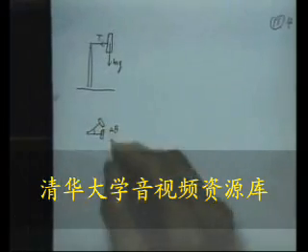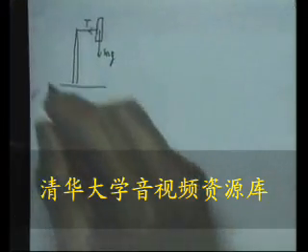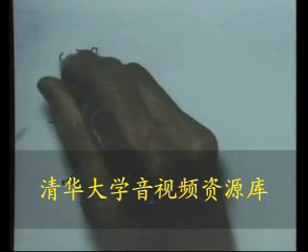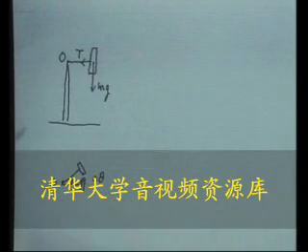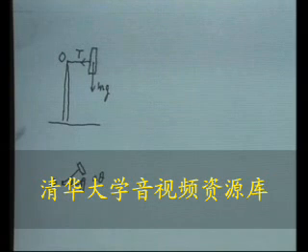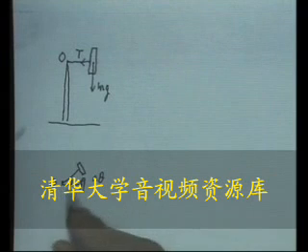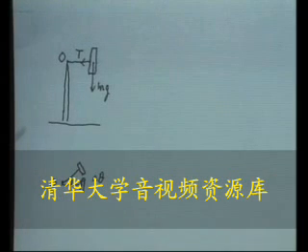Let us take this point to be the origin. Originally, its angular momentum is along this axis. Afterwards, its angular momentum is changed.